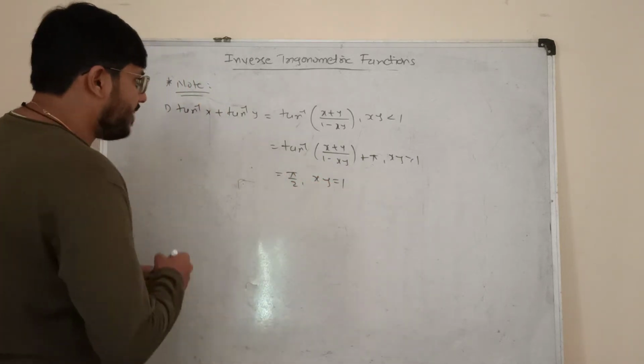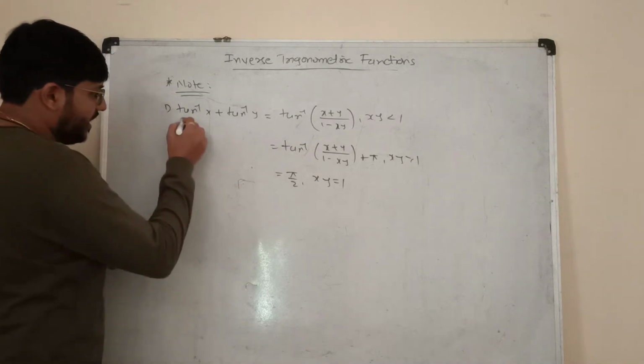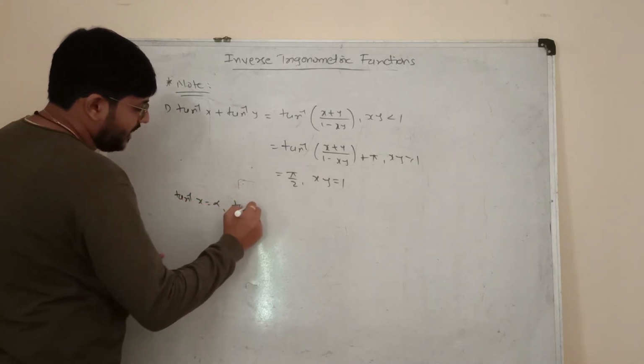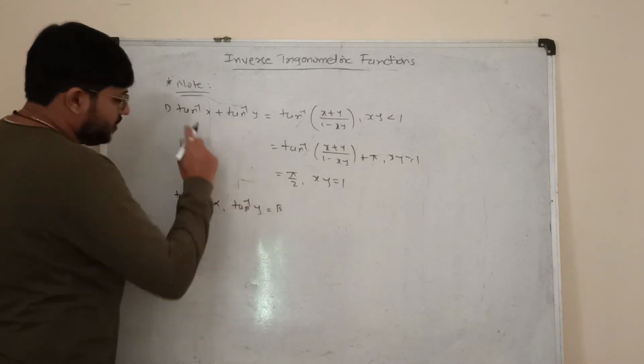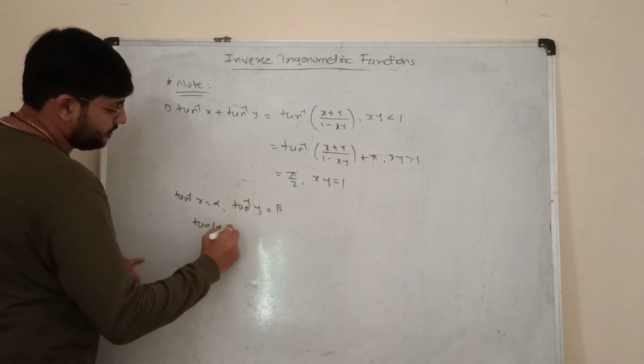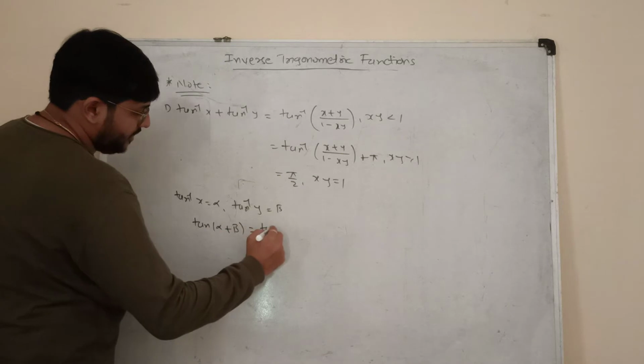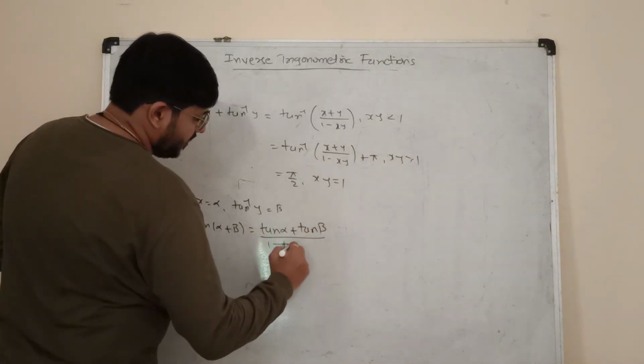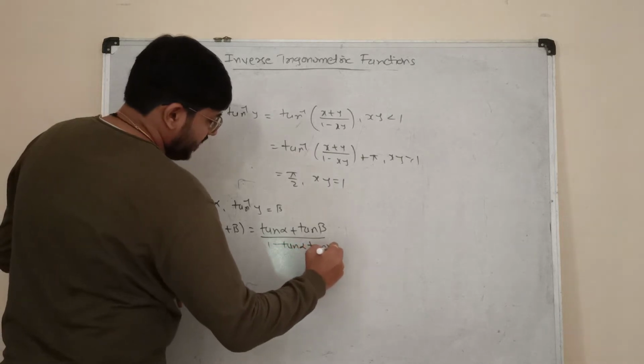I'll give you a proof for any one of the conditions. So if I assume tan inverse x as alpha and tan inverse y as beta, what will be tan of alpha plus beta? It's tan alpha plus tan beta upon 1 minus tan alpha tan beta.